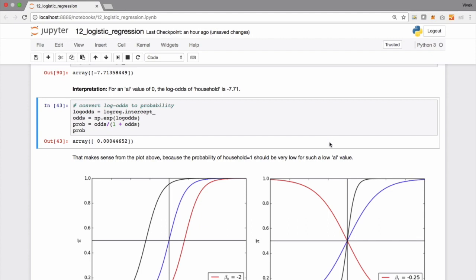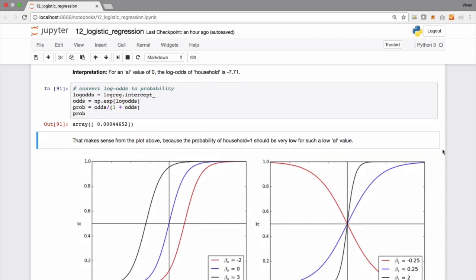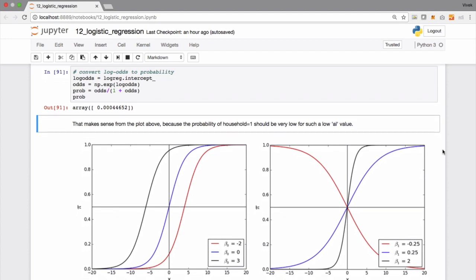I can just take the intercept to be the log odds, take the exponential, do odds divided by 1 plus odds to get the probability, and I get a probability of 0.00044. So if the value of AL is 0, the probability that the class type will be household is 0.00044. This makes sense from the plot above, because the probability of household equal to 1 should be very low for such a low AL value.